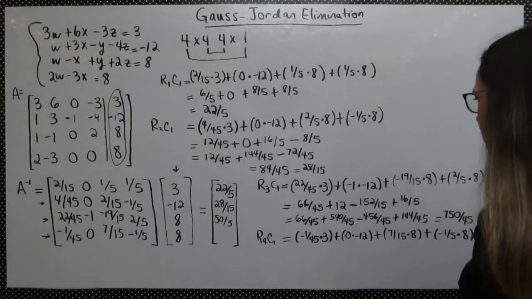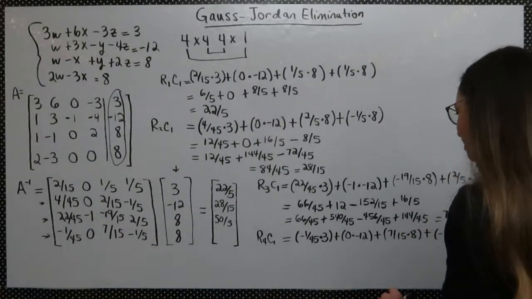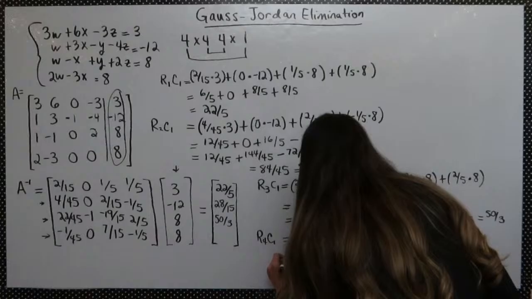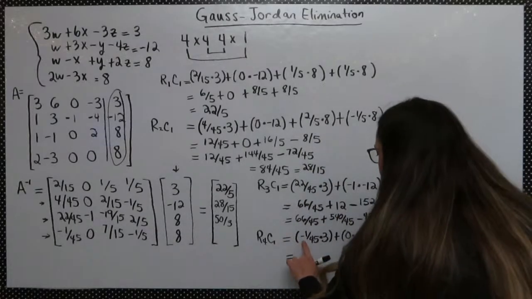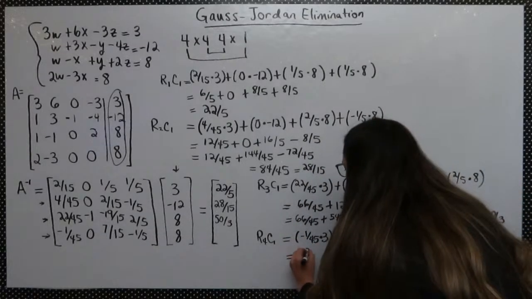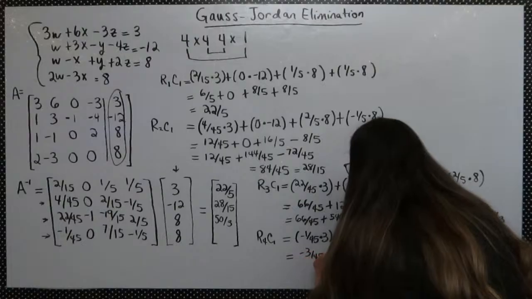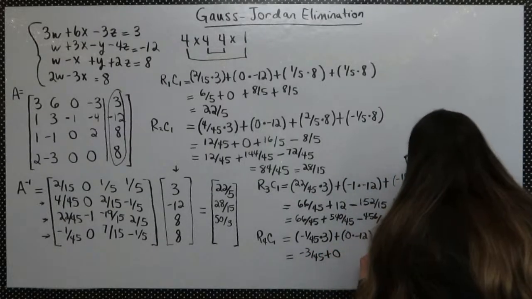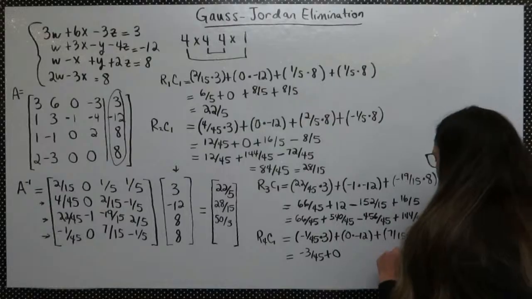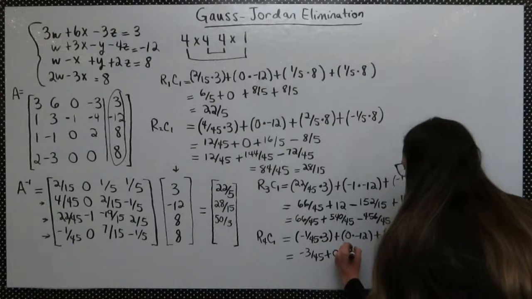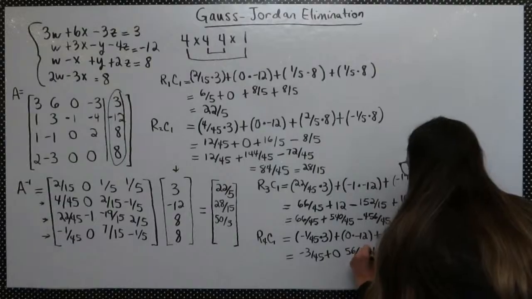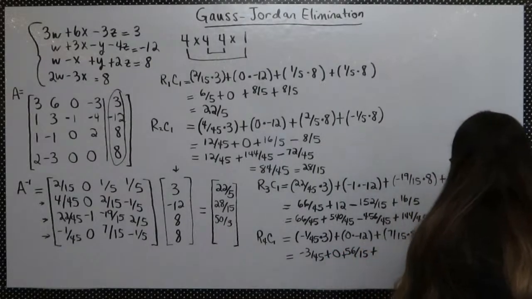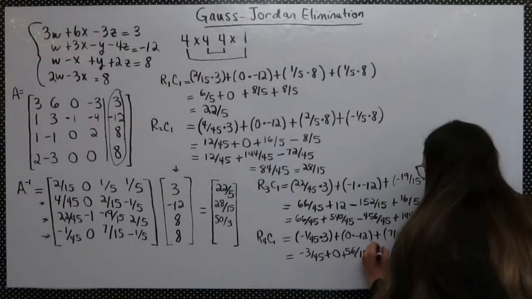All right, so if my calculations are correct, drum roll please. We've got negative 1 times 3 is negative 3 over 45 plus 0 plus 7 times 8 is 56 over 15 plus negative 8 over 5.